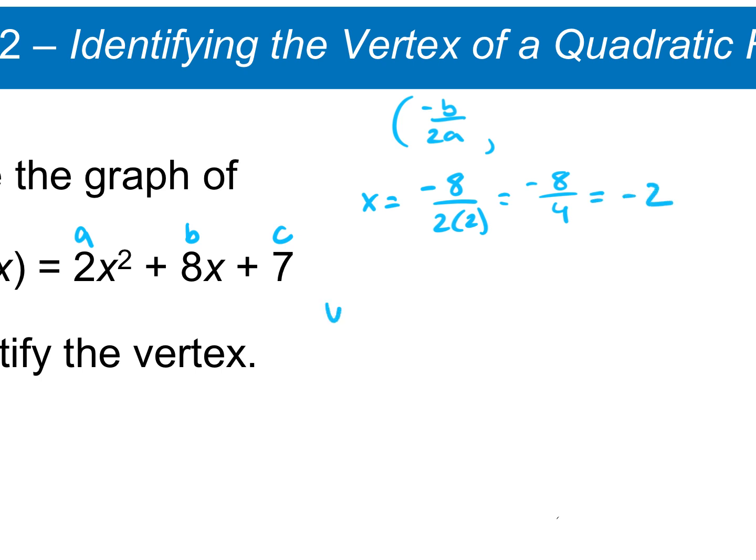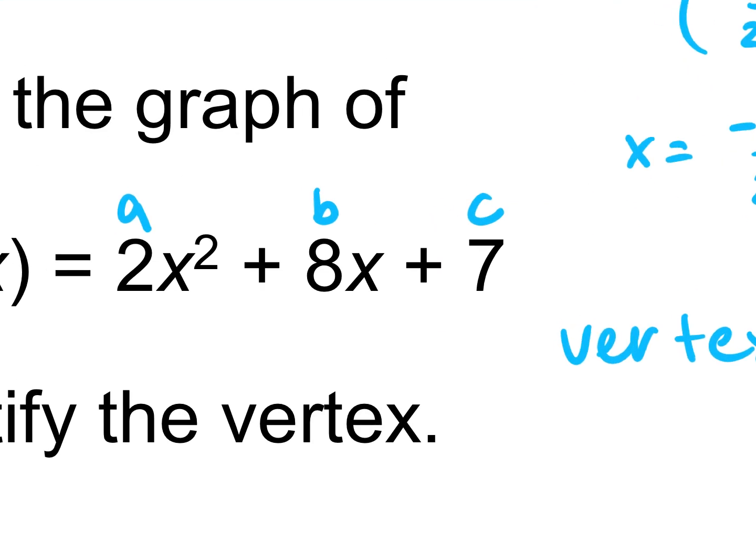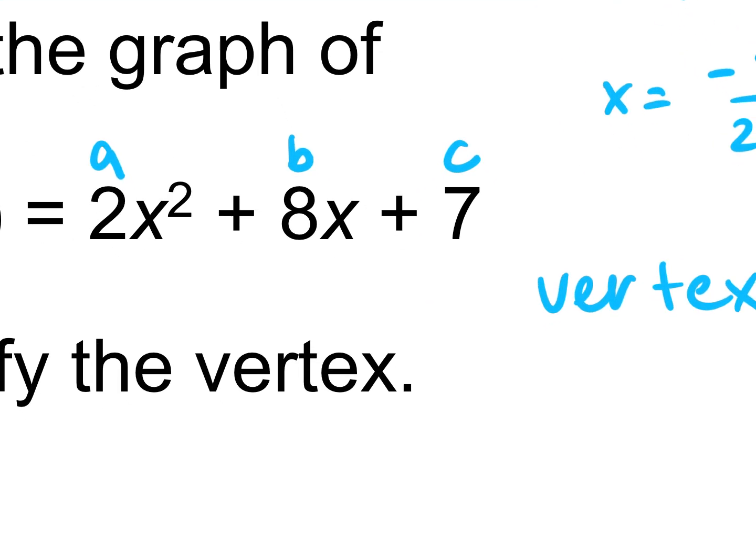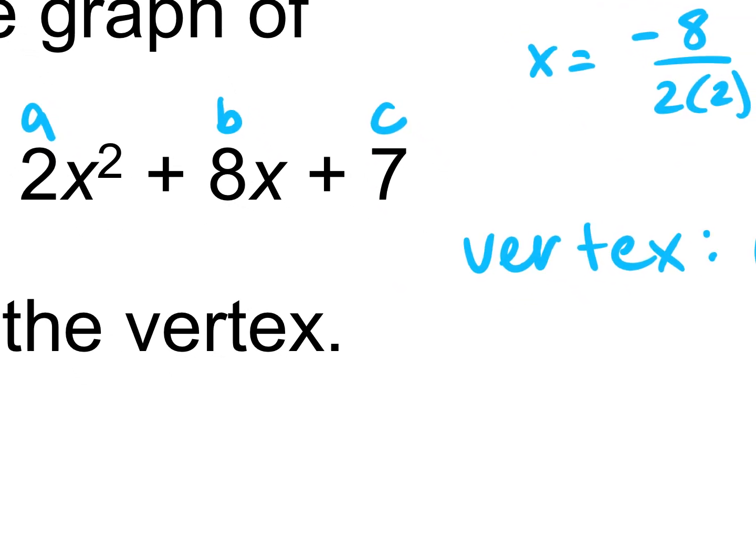So the x in our vertex is negative 2. Now, how do I find the y in my vertex? We plug in the x. I'll do it over here so I have room. x was negative 2, so I'm going to plug in negative 2 into the x's in my equation. So I have 2 times negative 2 squared plus 8 times negative 2 plus 7.